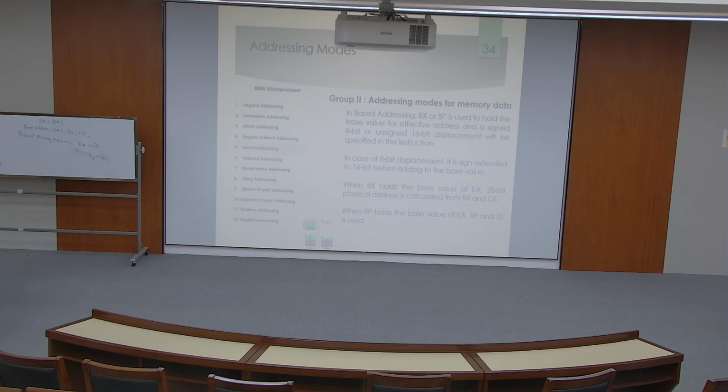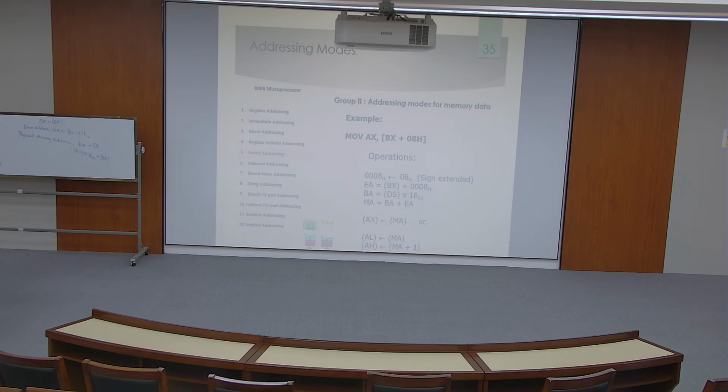So when we hold the base value of the effective address, the 20-bit physical address will be calculated from the base address of the data segment. So when we have the base pointer to hold the base value, we also need to calculate the effective address by taking the base pointer as well as the stack segment.